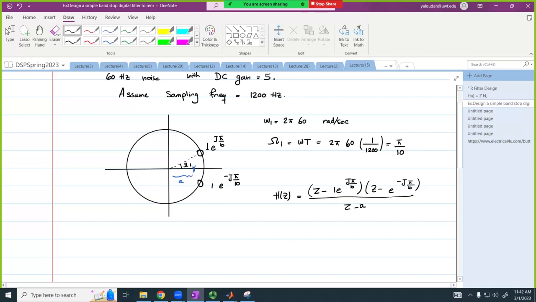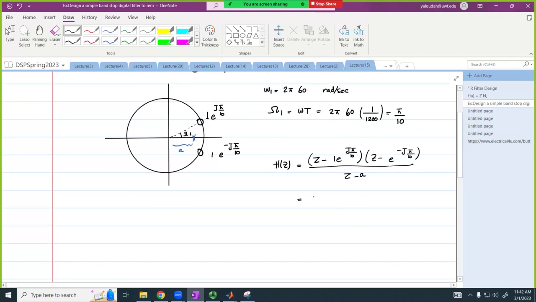Agreement? What is this equal to? This is going to equal z squared minus 1.902113 multiplied by z plus 1, divided by z minus a. This comes from 2 multiplied by cosine pi over 10, which is 1.902.